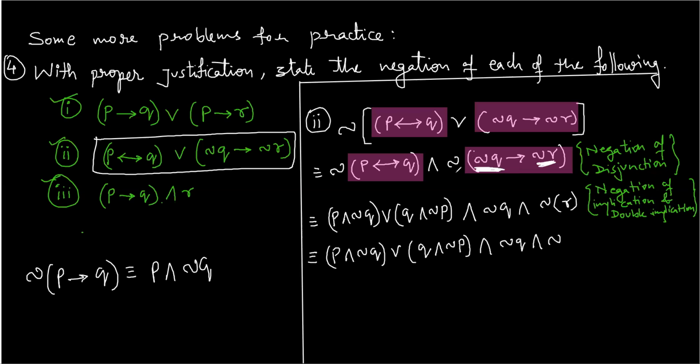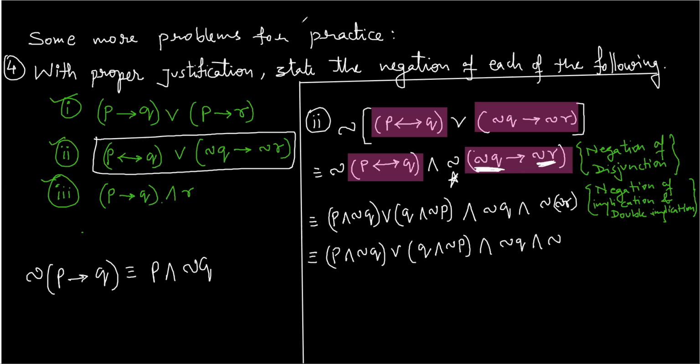Okay, so here, students, I want you all to focus. Here we had negation of negation of implication. So it will be negation Q and negation of negation R. So it is actually negation R here. So what will I get?